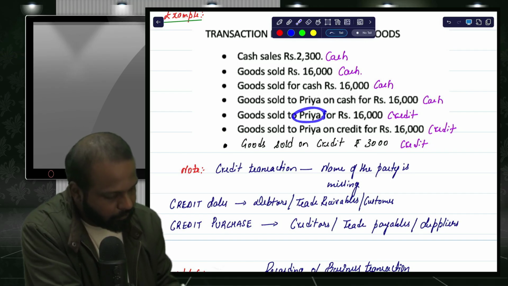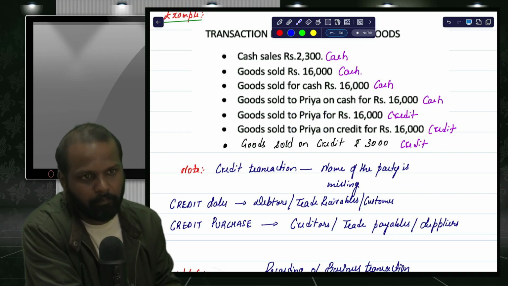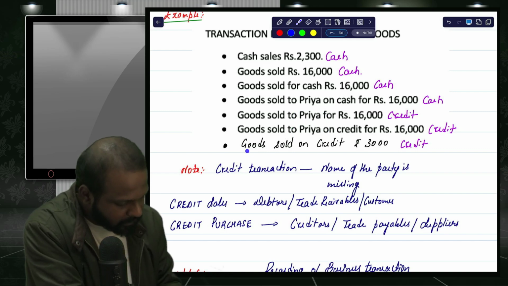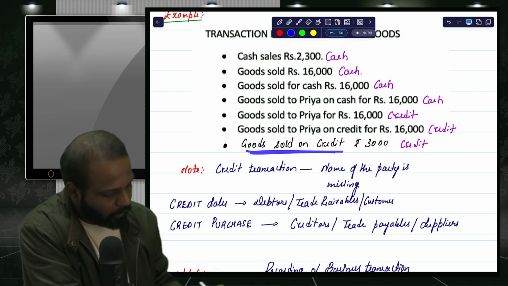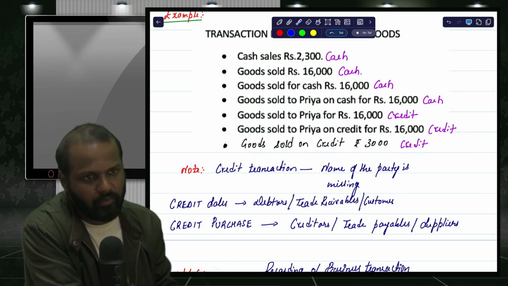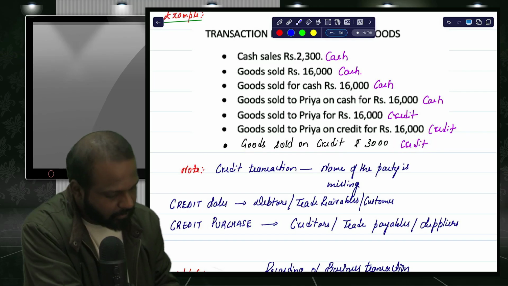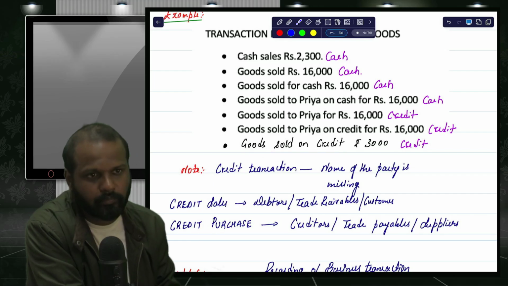Here we know the name of the person, Priya. Here also we know the name of the person, Priya. But in this transaction, there is no name of the person. We don't know the name of the person. But to record a credit transaction, the name is compulsory.